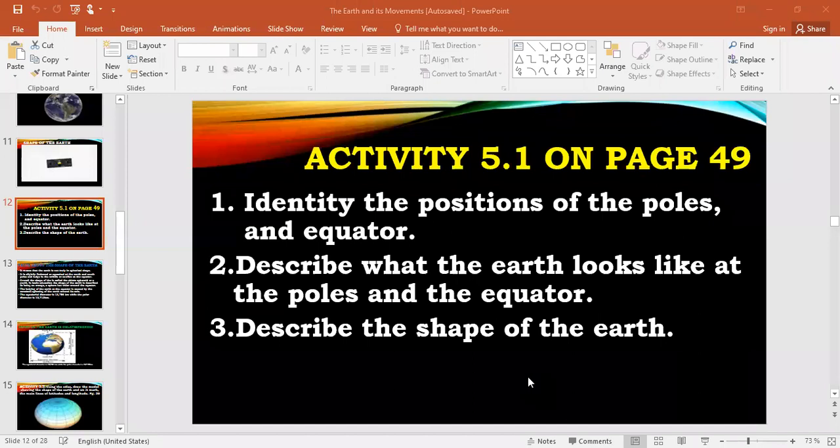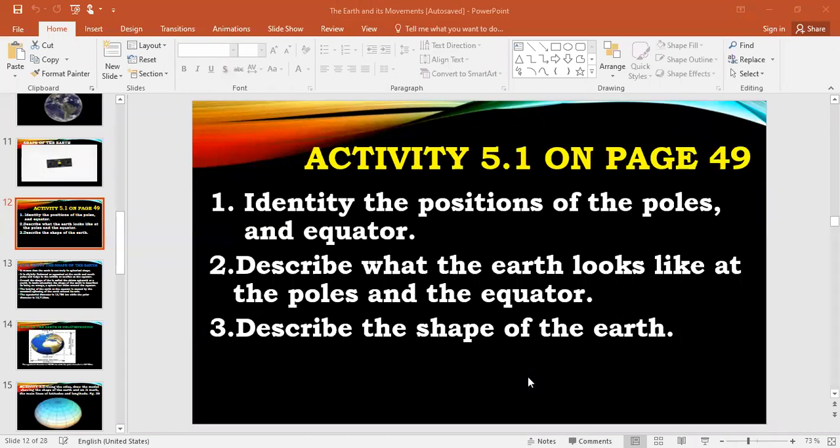Please, girls, I hope you are writing down. So identified, the North Pole is found at the top. The southern pole is found at the bottom.